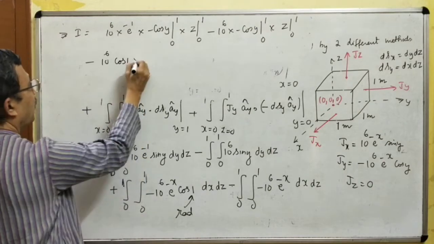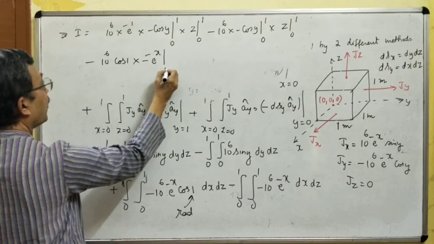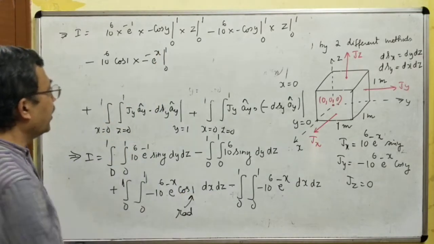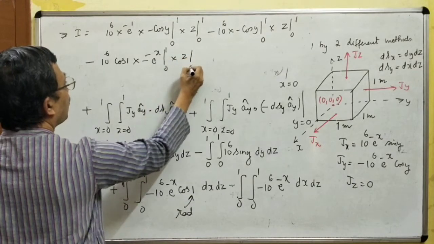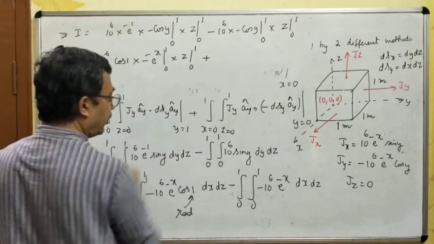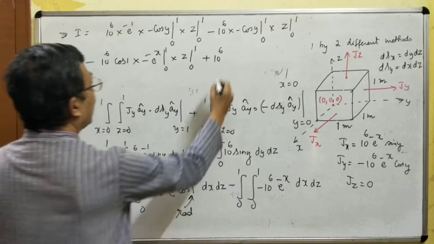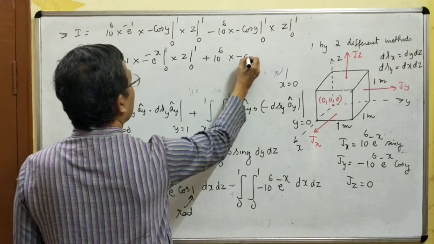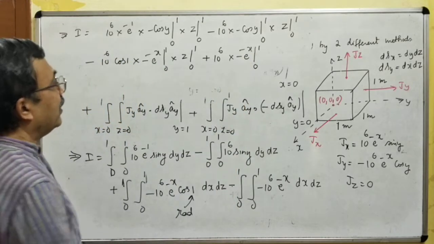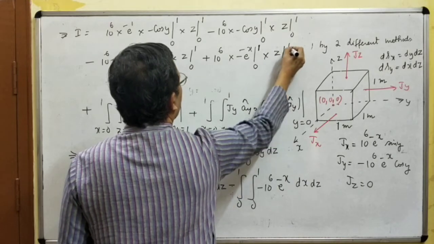e to the power minus x, if you integrate, you get minus e to the power minus x, x varying from 0 to 1. Then dz, if you integrate, you get z, limits from 0 to 1. Minus into minus, it is plus. 10 to the power 6 you take out. e to the power minus x, if you integrate, you get minus e to the power minus x, limits between 0 and 1. dz, if you integrate, you get z between 0 and 1.